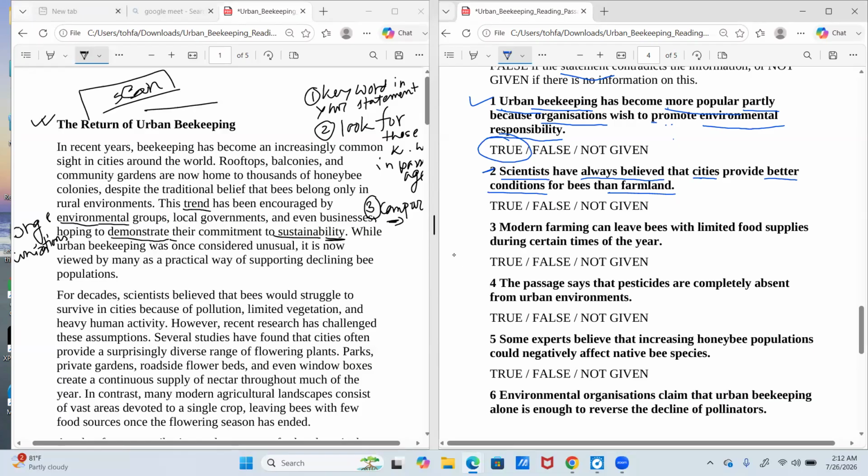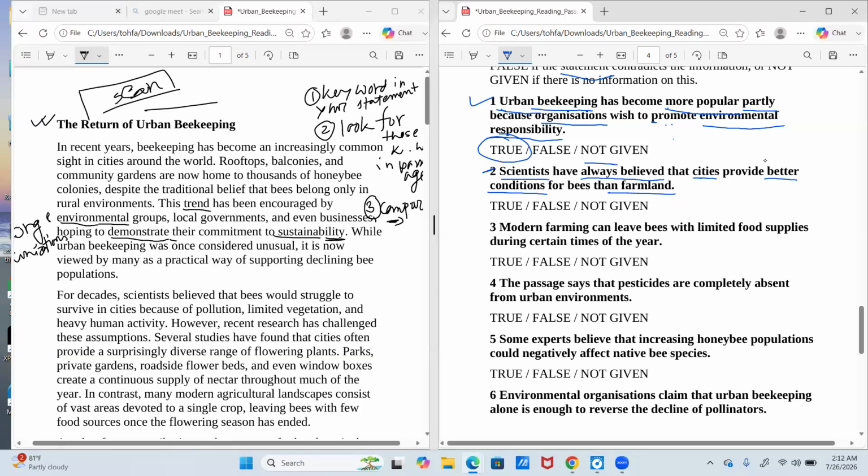So, how have we found the clues? Who says? The scientists say, right? Or what have they always believed? They have believed always, not partially, partly, right? So, this type of sentence word does make a change. We will see in the next couple of statements. After that, they believe what?